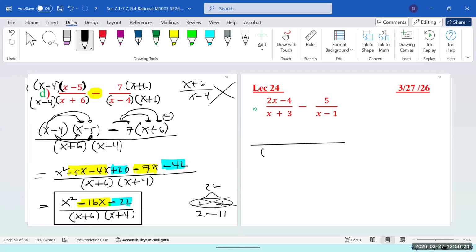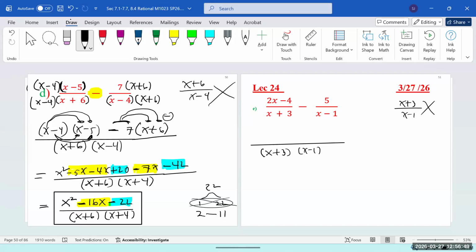They're products, just multiply them. X plus 3, we cannot divide by x minus 1 because they are not the same thing. If we cannot divide, then multiply them. That should be the LCD. What is x plus 3 times x minus 1?